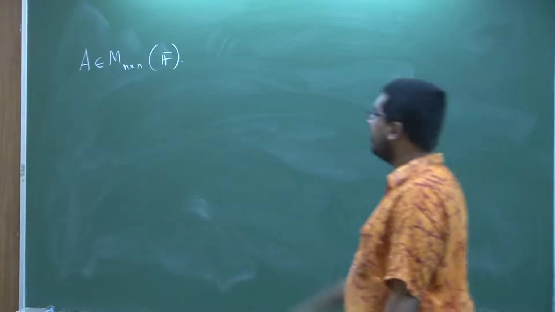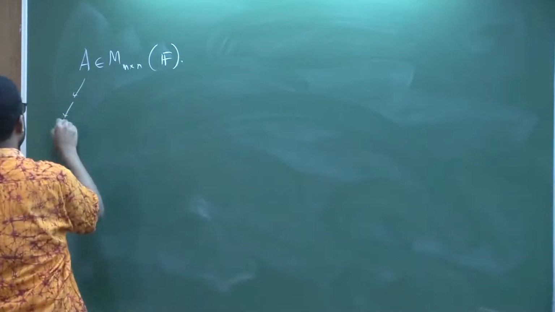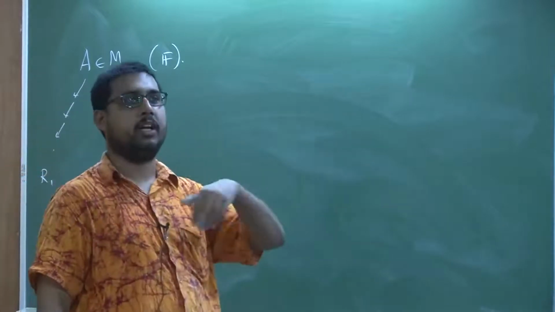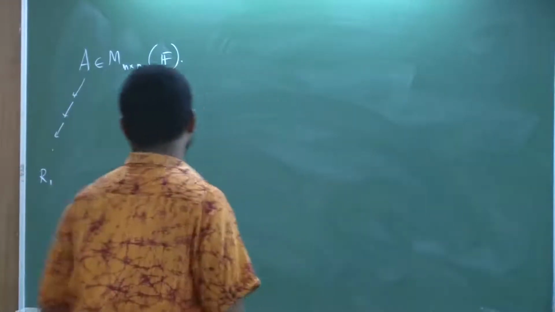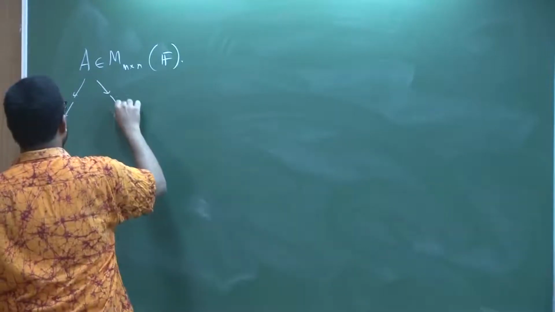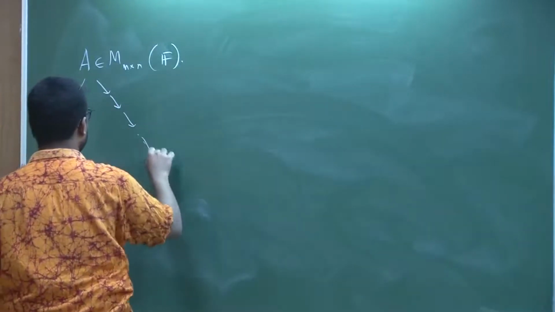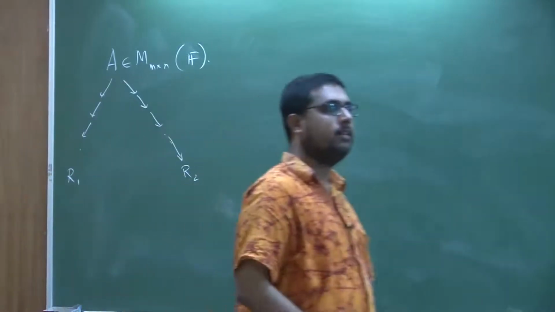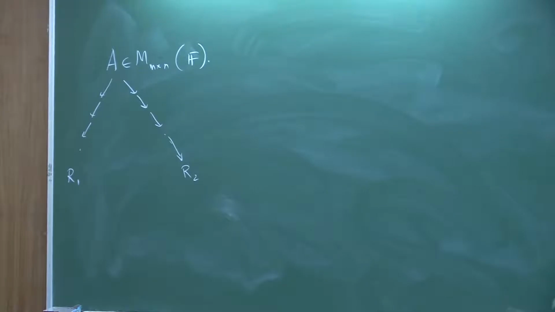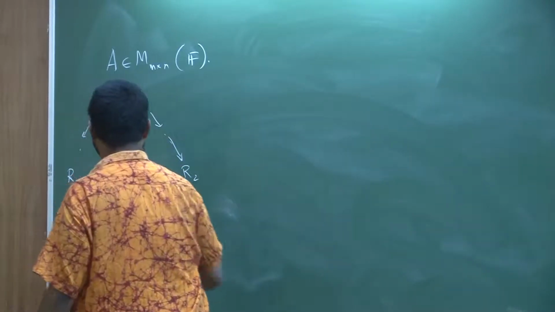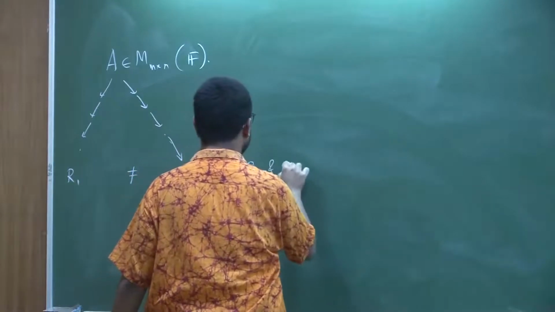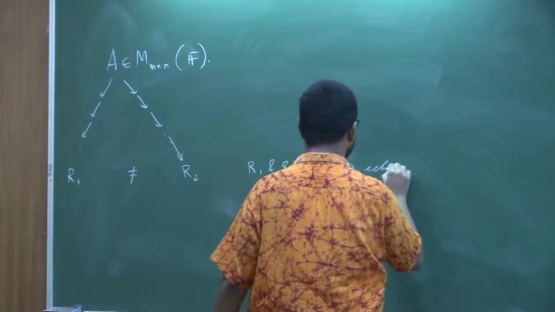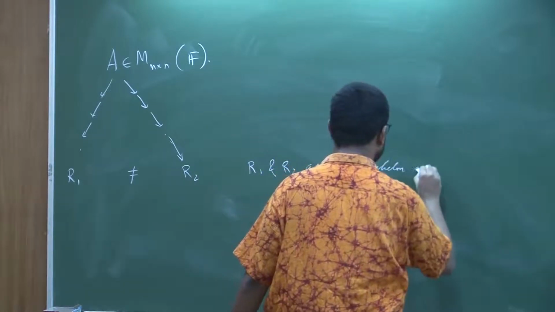So assume that from this A, by applying row reduction or elementary matrices, using two different sequences of elementary row operations, we arrive at two different row echelon matrices, R1 and R2.